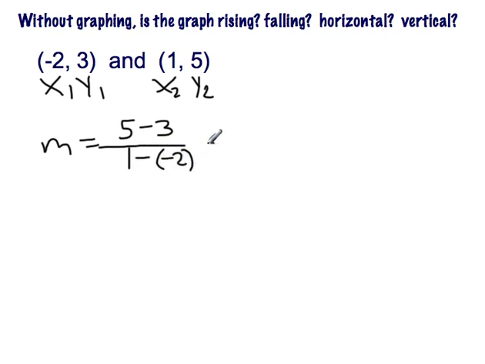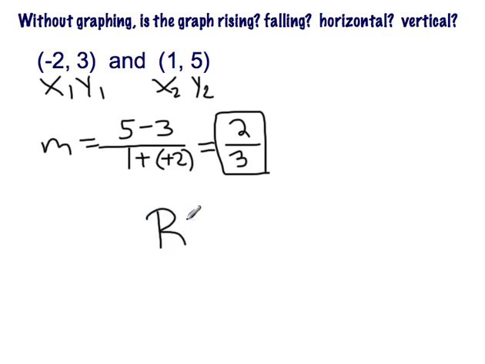That's just using my slope formula. So that leaves me with 2 over, again, change those signs to plus, so it would be 2 over 3. Now, if you look at that slope, that is a positive number. So that means that the graph is rising because the slope is positive.